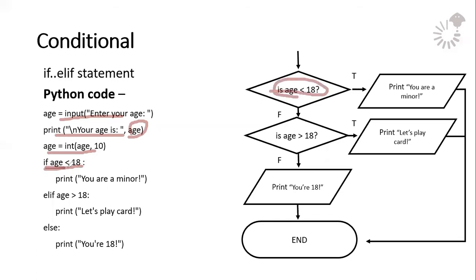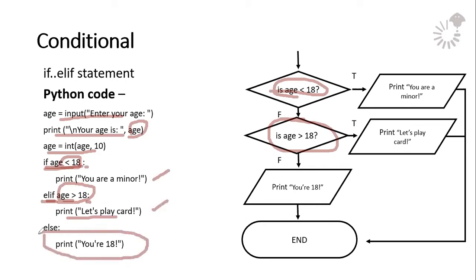If statement, age less than 18, you open the block. Else if, second condition, age greater than 18, then open the block. Ito yung instruction. And then kapag false, ito yung bagsak niya or yung last instruction niya.